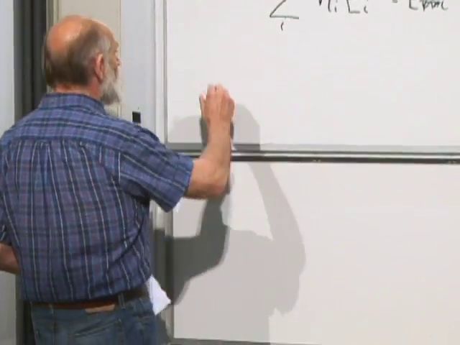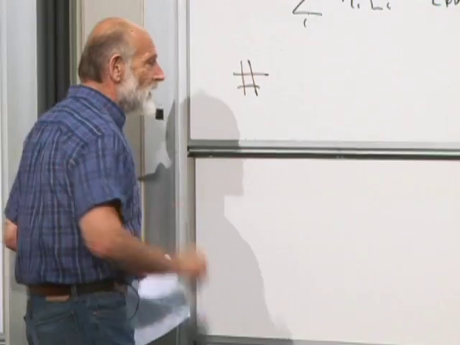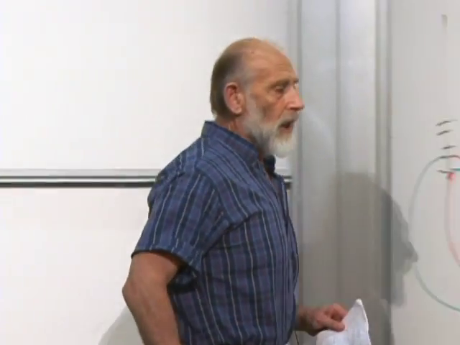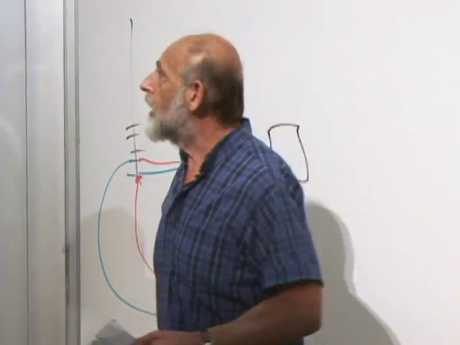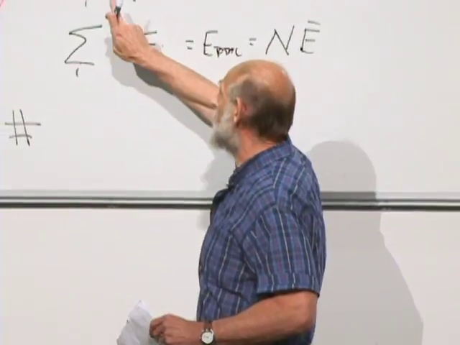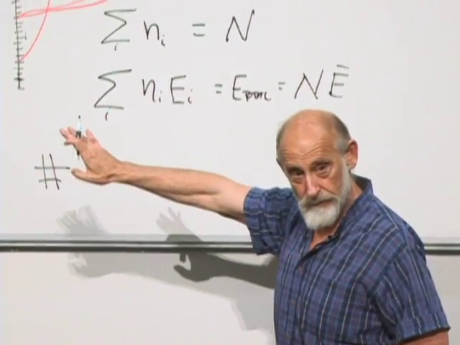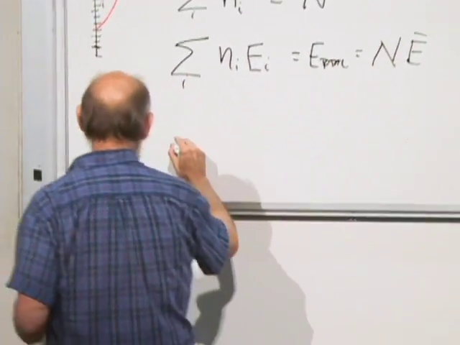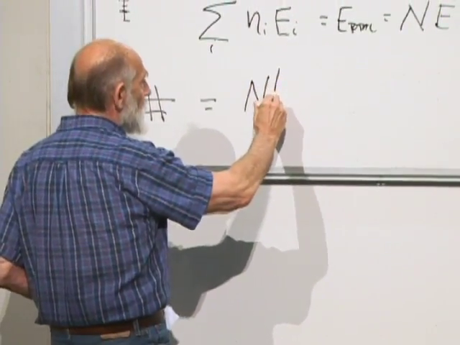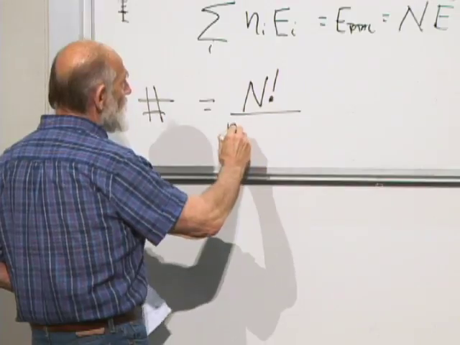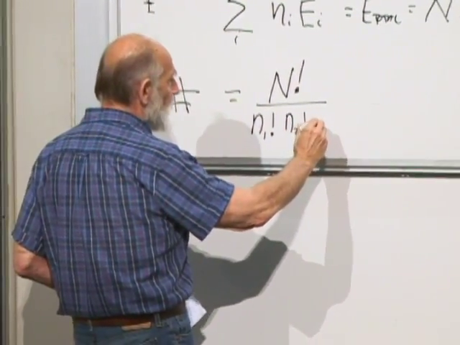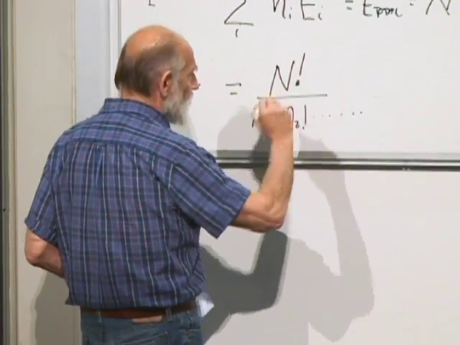Let's call that number the number of ways that the energy can be partitioned up among the boxes such that we have a given set of n sub i's. And that is equal to N factorial divided by n1 factorial, n2 factorial, n3 factorial, and so on.